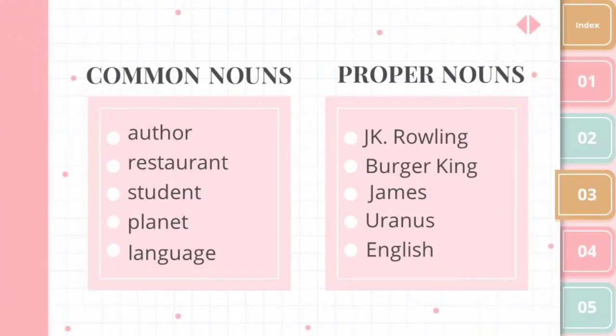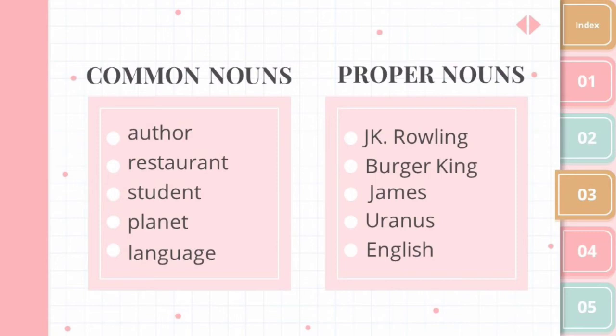Alright, before I tell you the further explanation about common and proper nouns, let's take a look at some examples of theirs. We have author, restaurant, students, planet, and language as the common nouns. Meanwhile, we have J.K. Rowling, Burger King, James, Uranus, English as proper nouns.